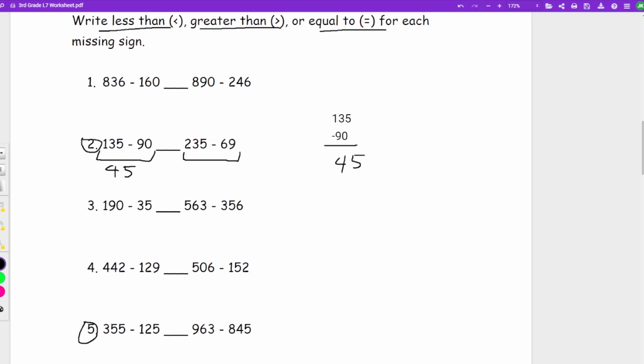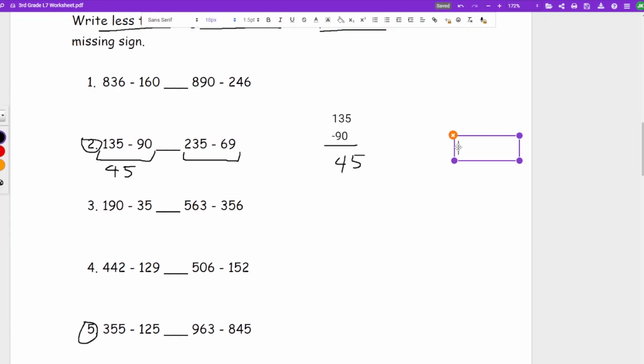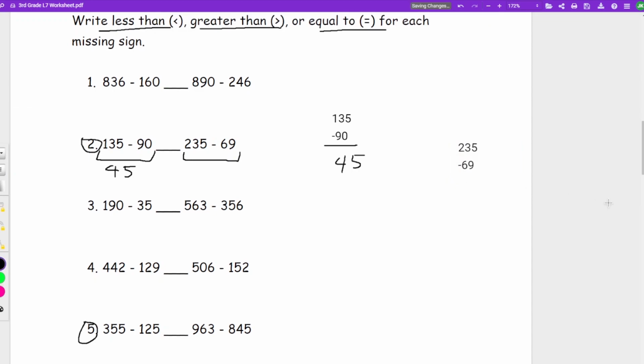And this one, 235 minus 69. Let's work it out. 5 minus 9, you can't do that, so take a 1. This becomes a 2. This becomes 15. 15 minus 9 is 6. And 22 minus 6.